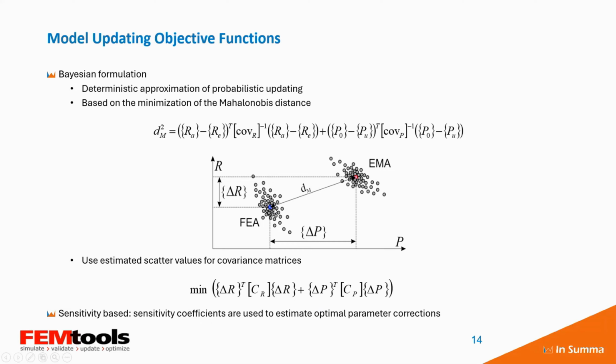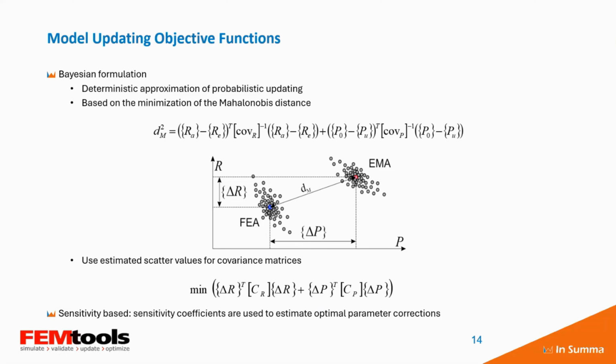With this scatter value, a user can express their confidence in the measurement or in the parameter values in the FE model, so what the uncertainty is, depending on the level of simplification, approximations, experience. This way, a user can control the results by bringing in this background information.